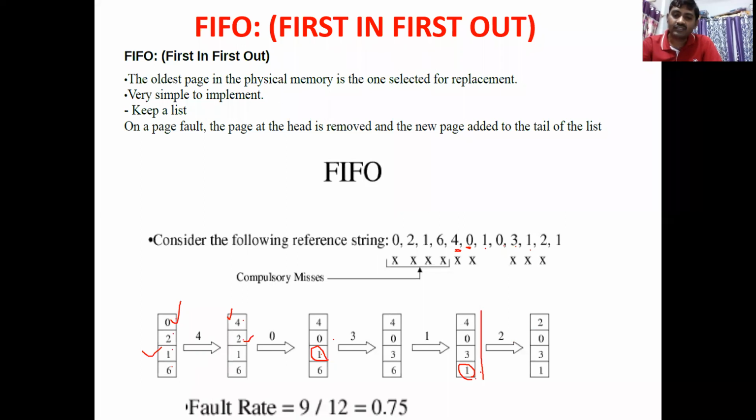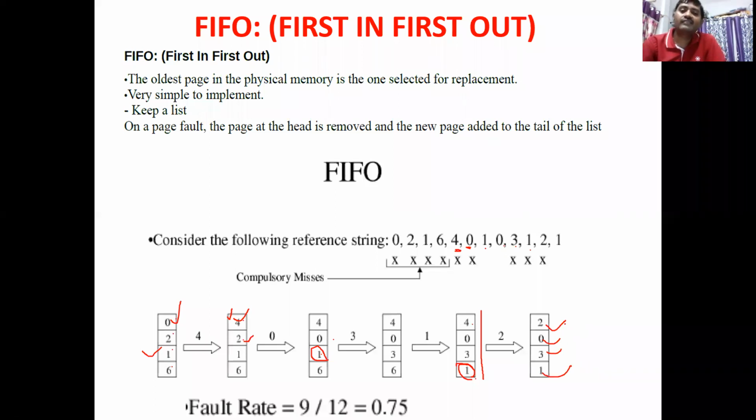Among all these, which entered very late? See here, 4 entered over here, which is the first in out of all these, because this one is first, but it left and it came again. That's why this is first, right? So that will be replaced. So 2 0 3 1, in this way.